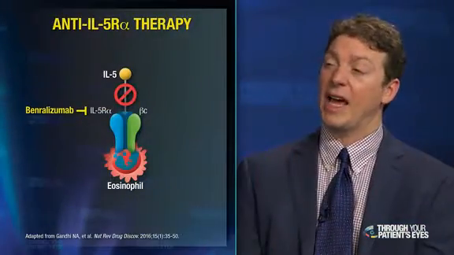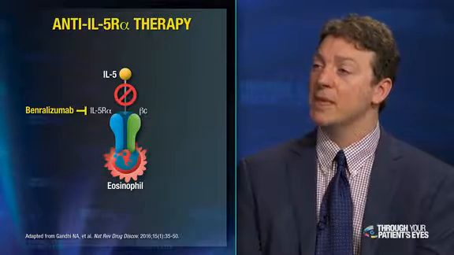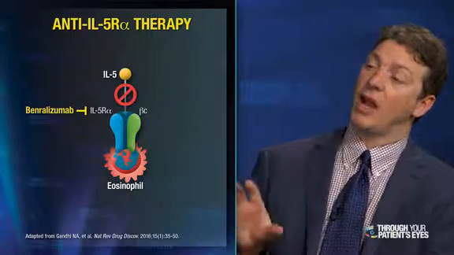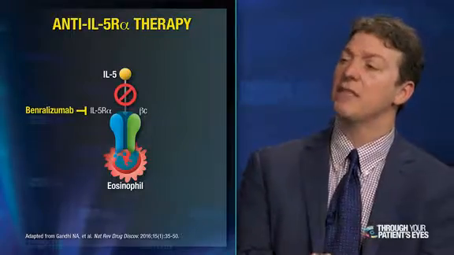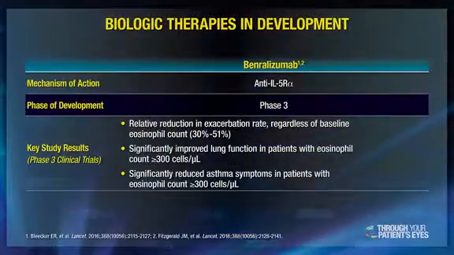Another therapy that is currently in development is a drug called benralizumab, and that doesn't bind to the IL-5 itself, it binds to the IL-5 receptor. But it has the same kind of impact. It reduces exacerbations, it improves lung function, and has a significant impact on how we manage our patients.